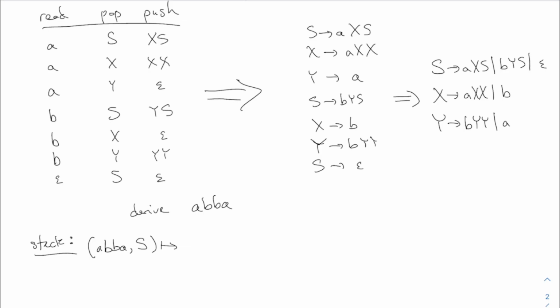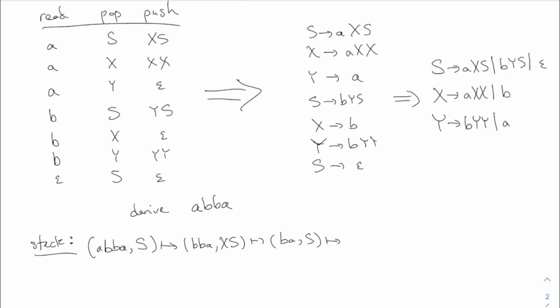You could do the last step at this point, but this last step is only going to happen at the very end. So I'm going to do rule number 1 there, A, S becomes XS. So this is read the A, and then S becomes XS. All right, next I read the B, pop X, push epsilon. So this now says BAS.